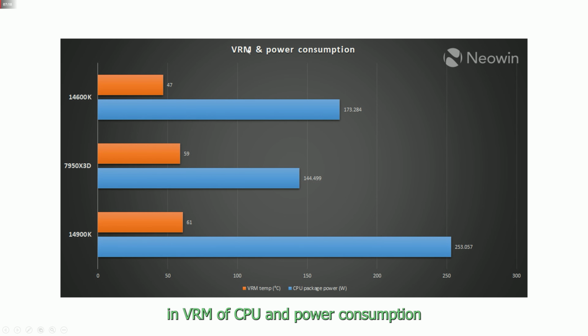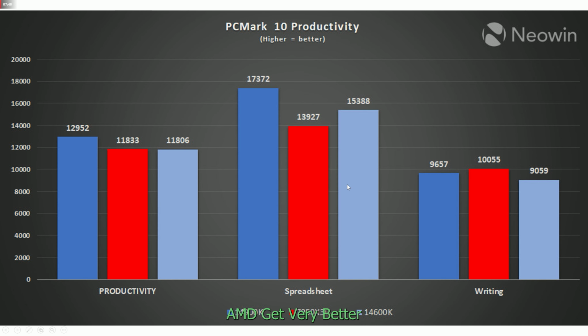Now on the VRM of the CPU and the power consumption part, Intel and AMD get a near result in the VRM part, but in the power usage of the CPU, AMD gets a much better result. On PCMark 10, you can see the 14900K.